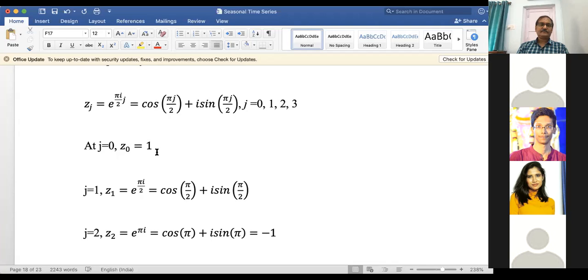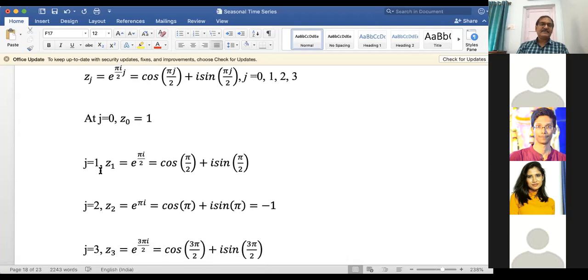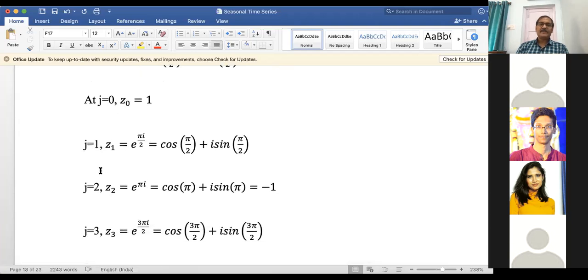Clear? Now at j equal to 1, put the value of j equal to 1. So you will get Z1. Z1 is equal to e to the power pi i by 2 is equal to cos of pi by 2 plus i sine of pi by 2.